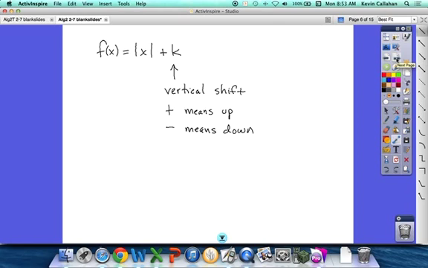So when you add or subtract after the function, that's a vertical shift. If it's a plus, it means it's up. If it's a minus, it means down. So when you wrote the equations, the h and the k. Normally we use the little parentheses h, k.